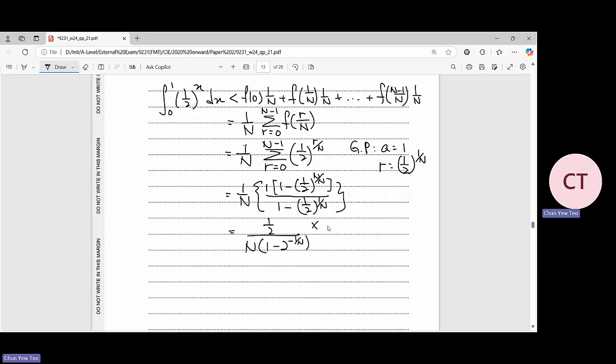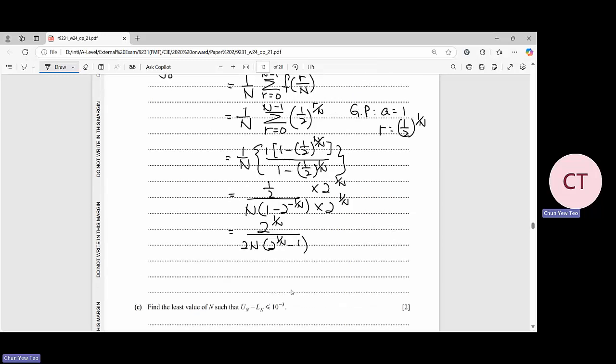Then I multiply 2 power 1 over n, and I multiply 2 power 1 over n inside. So I will get 2 power 1 over n divided by 2n, then 2 power 1 over n minus 1. That will be your upper bound. Okay, this will be your un. Okay, done.